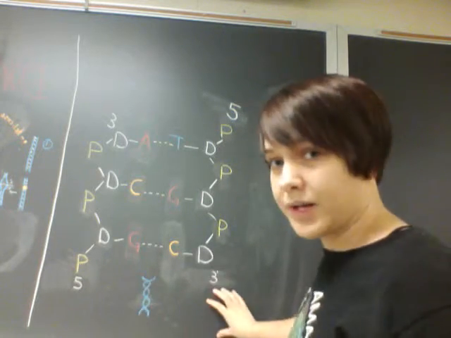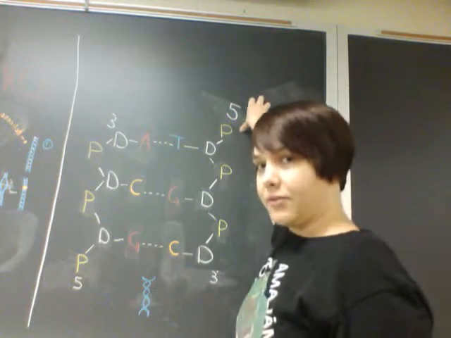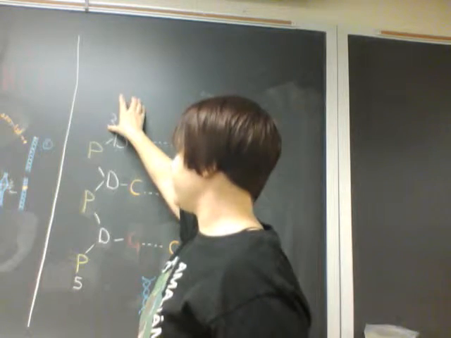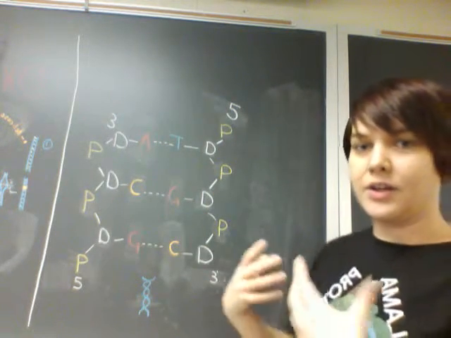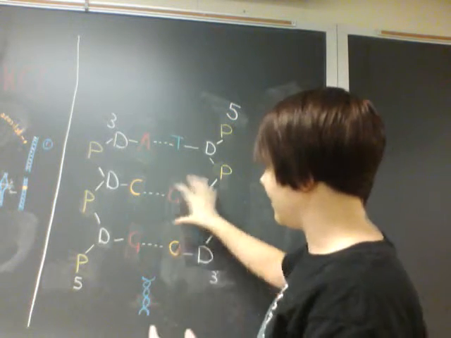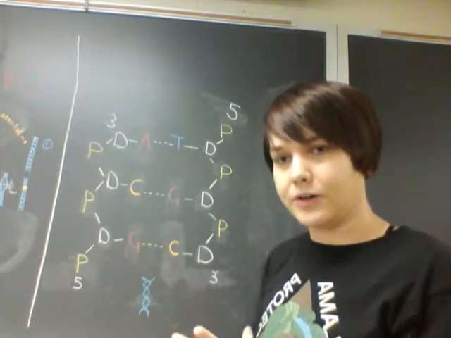It's always 3 to 5. And same thing for the top. You have a 5' up here, so automatically think 3' up here. All these are connected through a phosphodiester bond. So all these phosphodiester bonds keep it all glued together.